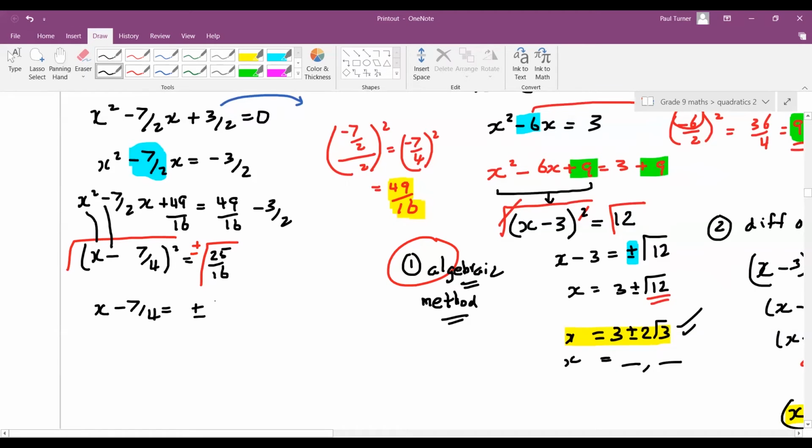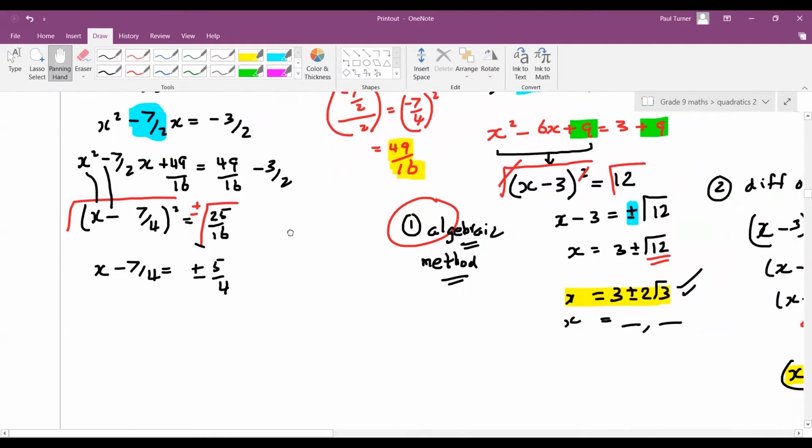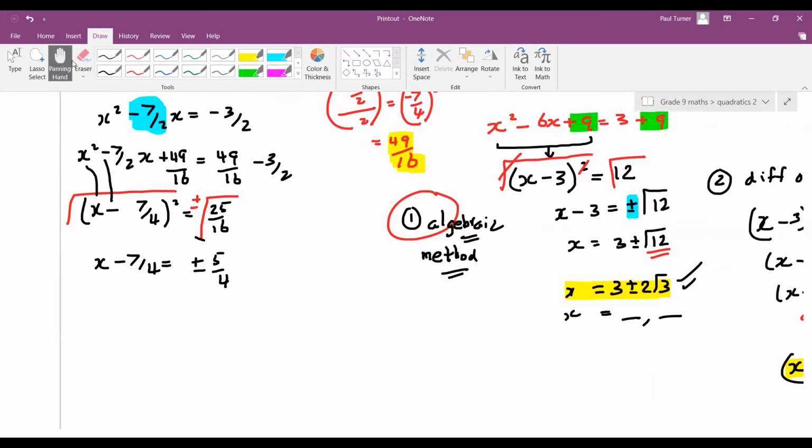Now root 25 is 5, root 16 is 4. And I just took the square root of top and bottom there. So then basically your minus 7 on 4 will come to the other side. So x equals 7 on 4 plus or minus 5 on 4.